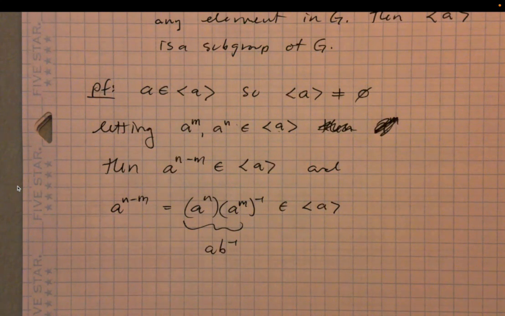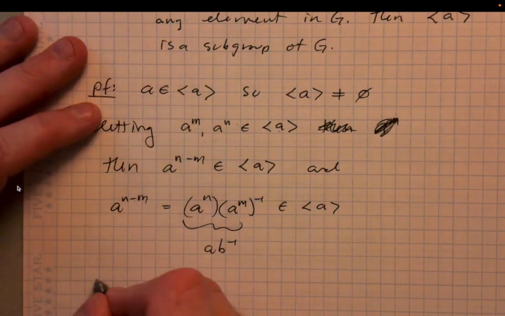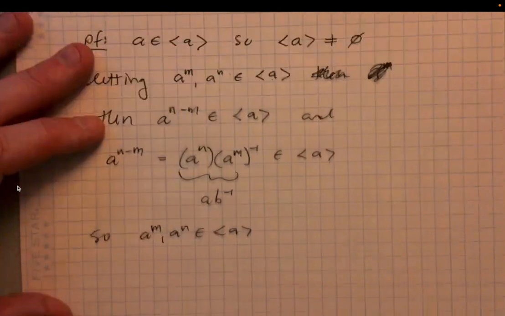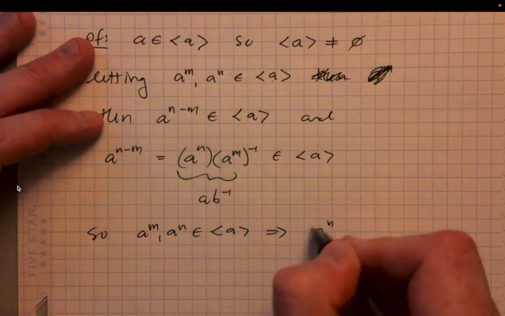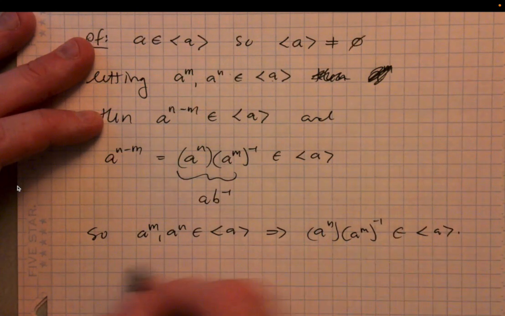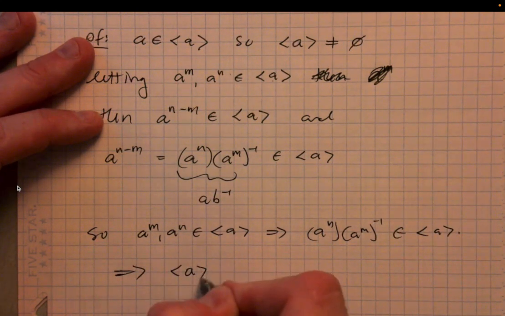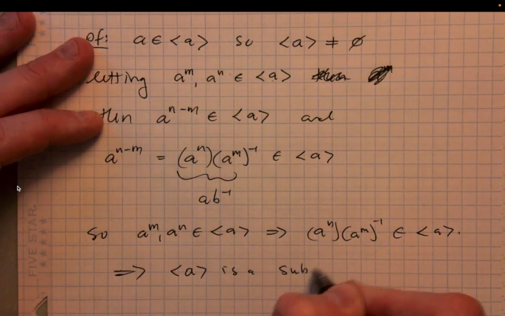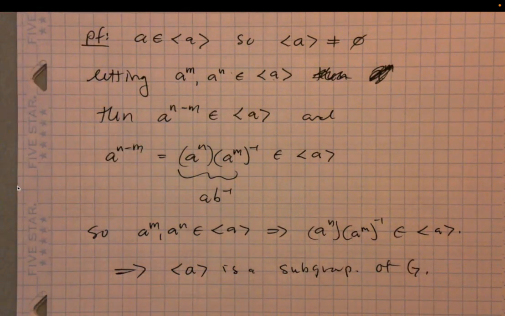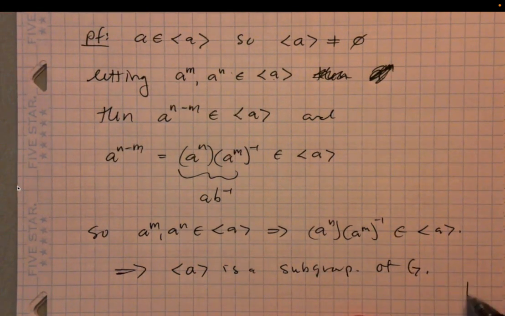And so that there is enough given the one-step subgroup test. Right? So a to the m, a to the n in A implies that a to the n, a to the m inverse is in A, which implies A is a subgroup of G. Okay, and so that would be the proof of that theorem.